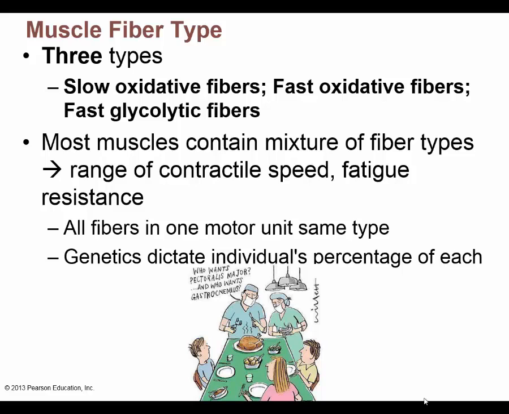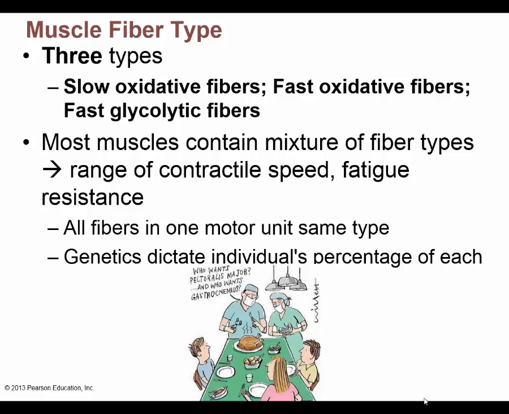And they also have a lot of a substance known as myoglobin. Now, myoglobin is in muscle, but it's an oxygen-binding pigment in muscle. There is an oxygen-binding pigment in blood, that's hemoglobin. But this is an oxygen-binding pigment found in muscle.